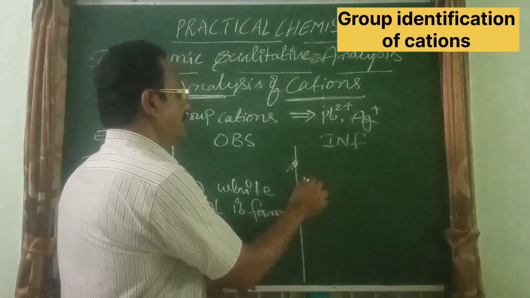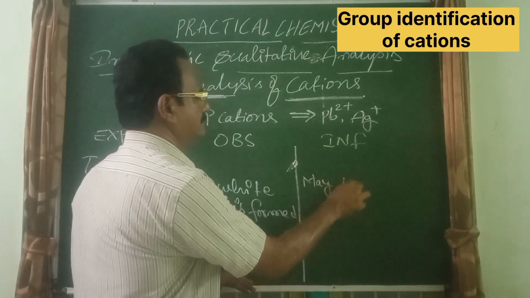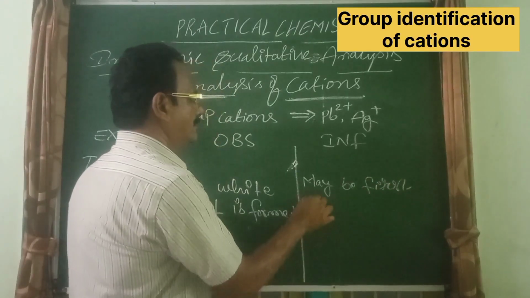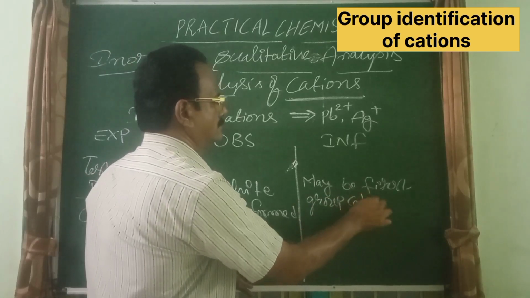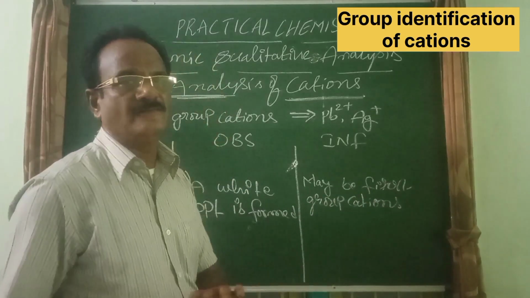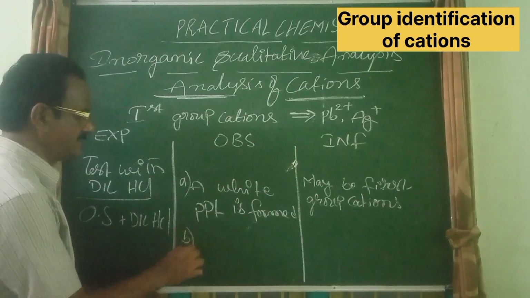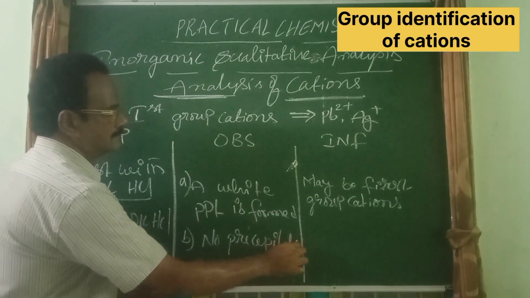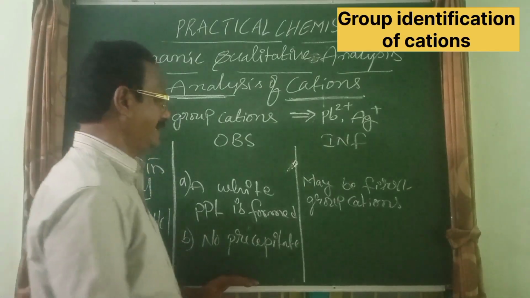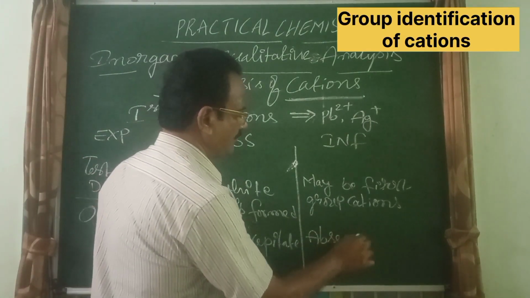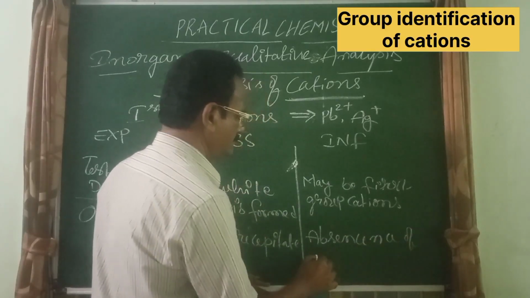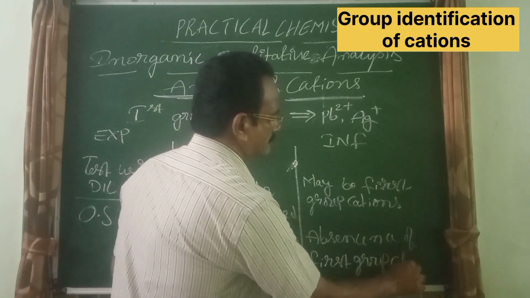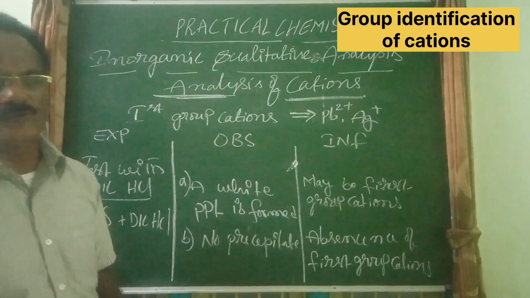Maybe first group cations. If there is no precipitate, then absence of first group cations.